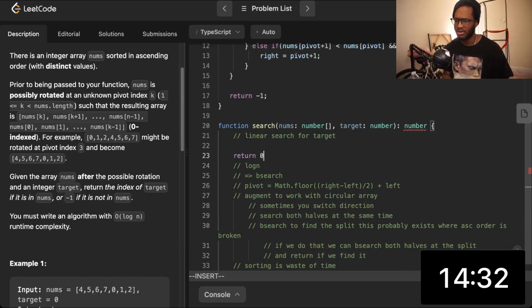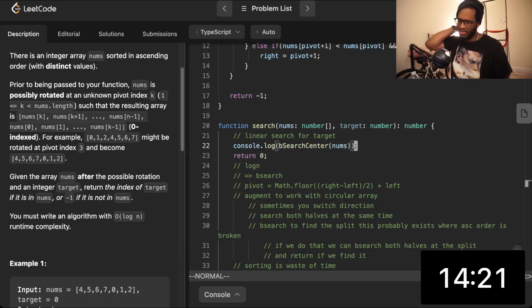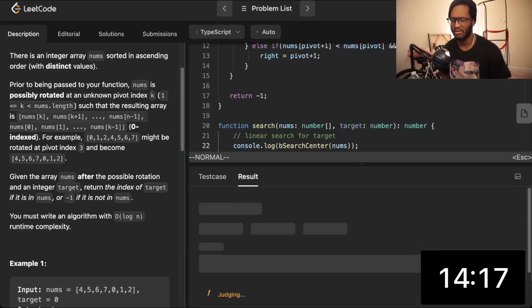Now we're just gonna return 0 because this is not correct. But if we do console.log of bsearch center for nums, it should be 1, the value we're expecting. I think we had -1.